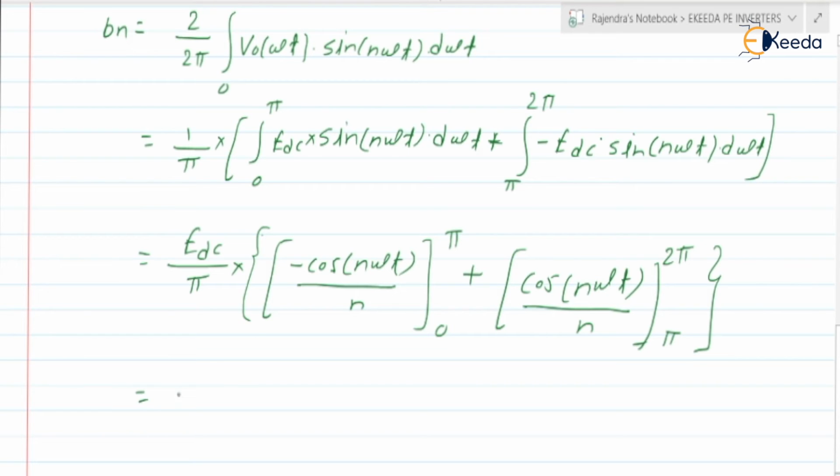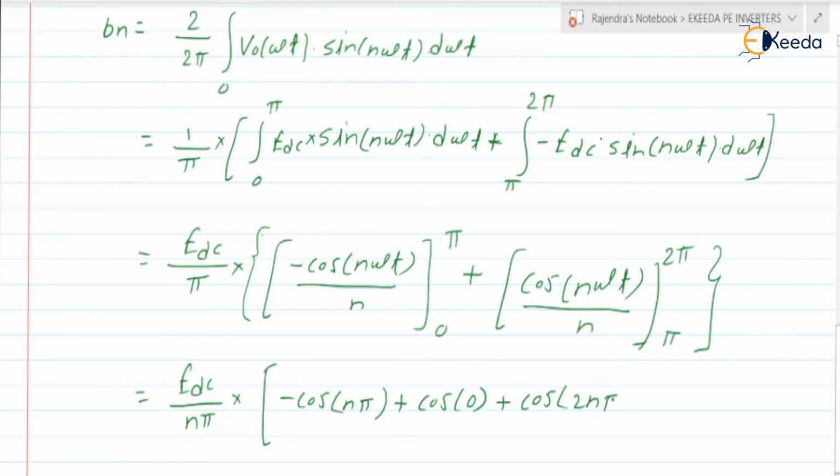Yes, please take this n outside, so it is Edc by n pi into minus cos of n pi plus cos of 0 plus cos of 2n pi, right?